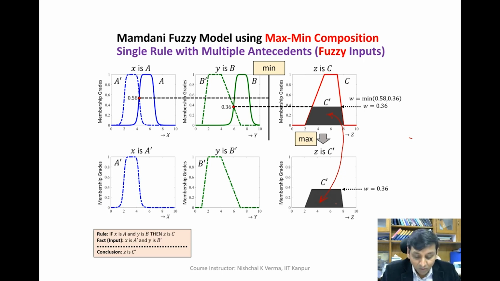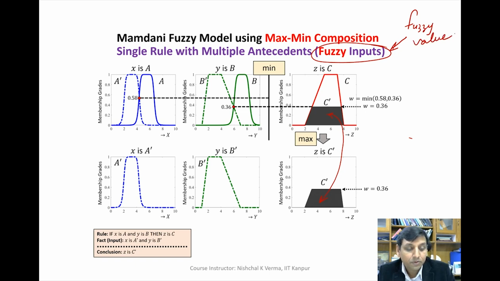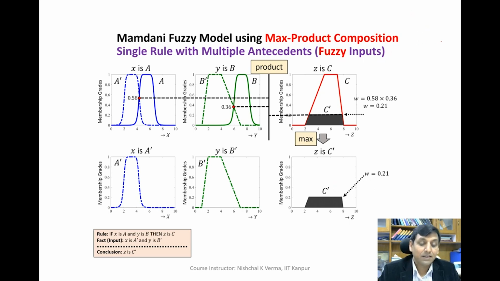Here, in this case, the input is fuzzy, you see, fuzzy values or fuzzy sets. Now, in the second scenario, what happens when we use max product composition?